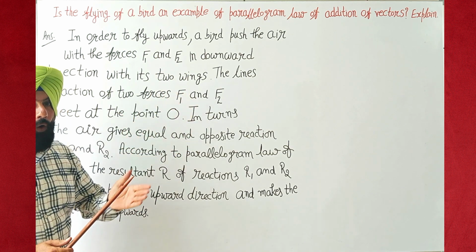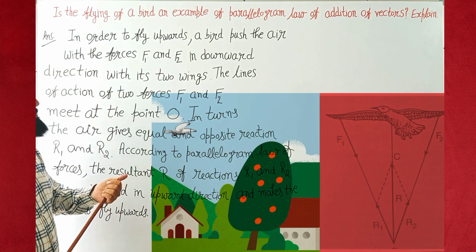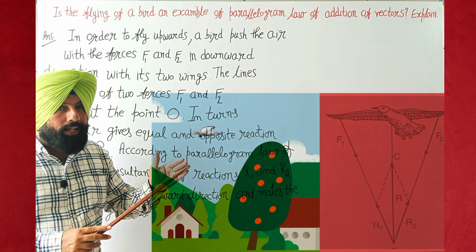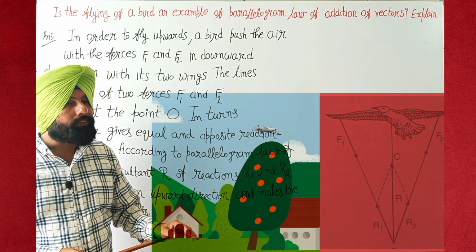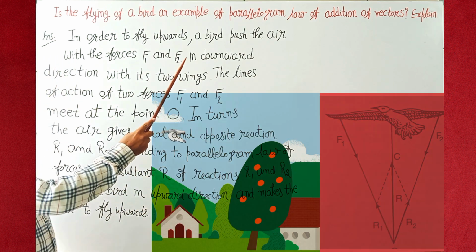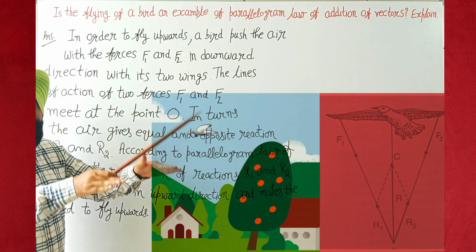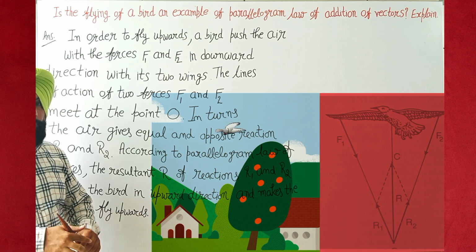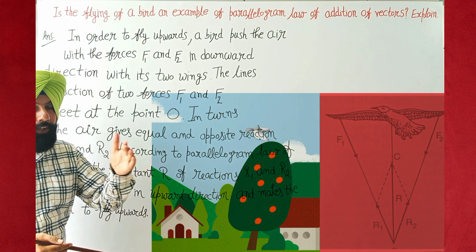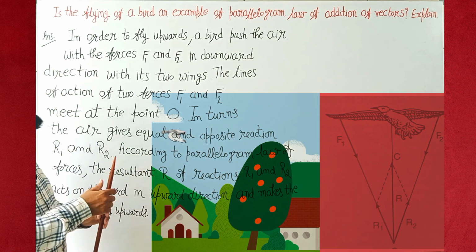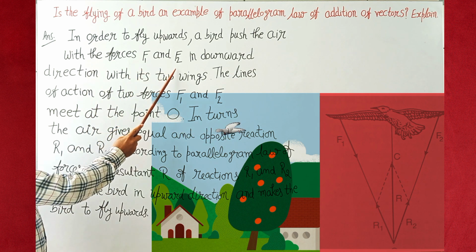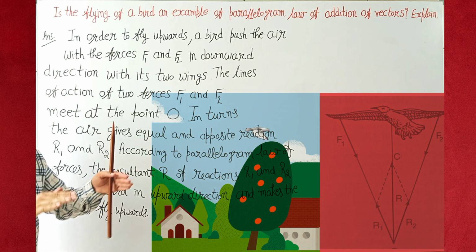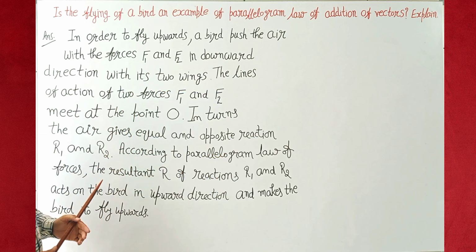You are looking on the screen that the two wings create the forces, meaning the bird pushes the air with the help of wings, and those forces are F1 and F2 in downward direction.